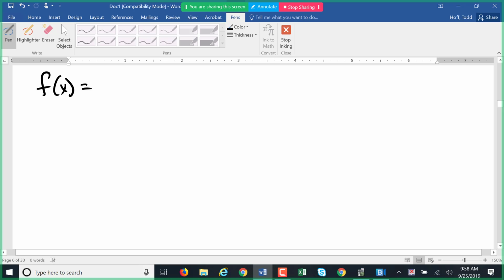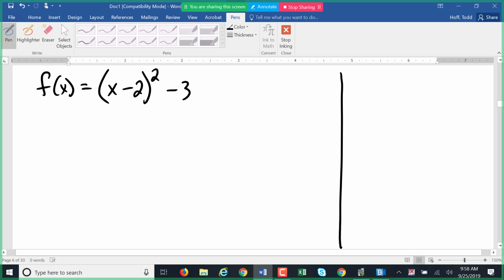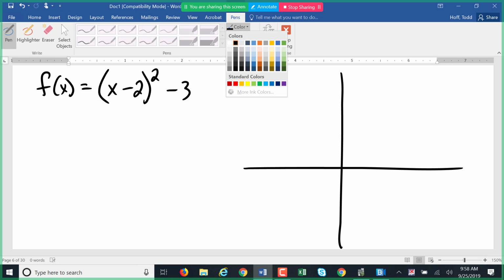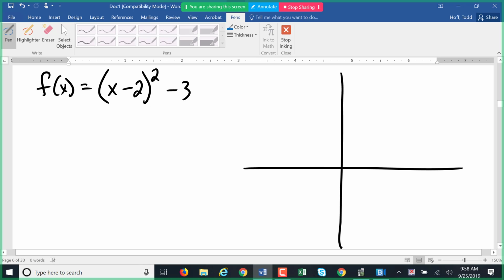And let's start out, we're going to keep a equal to 1 for an example or so here. So for this first one here, our vertex is at what?